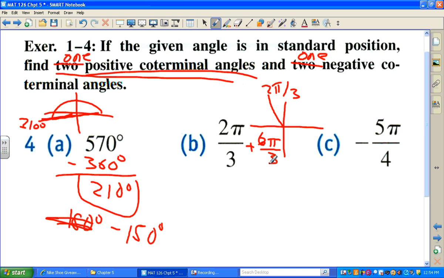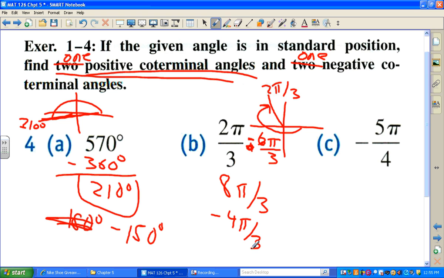So it's going to be 8 pi over 3 as the positive. And what about the negative? Right, just change the positive to the negative, and what do you get? Negative 4 pi over 3.